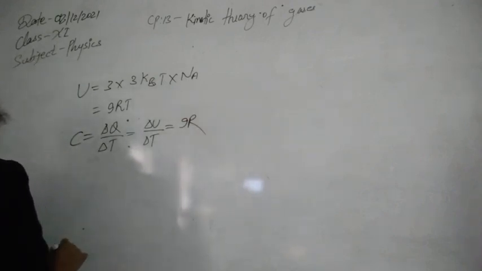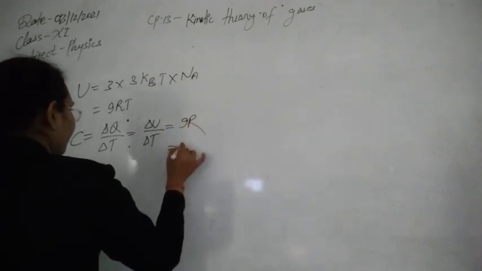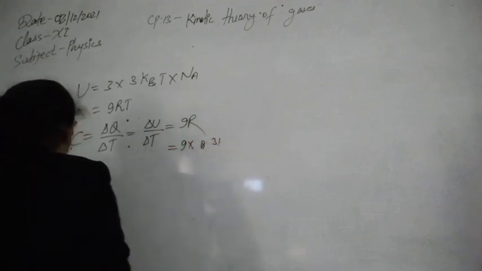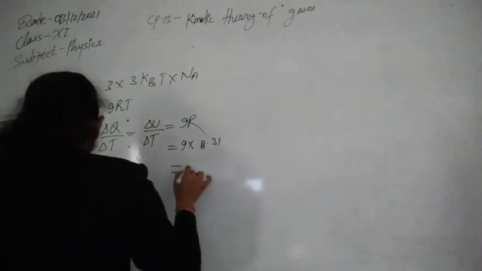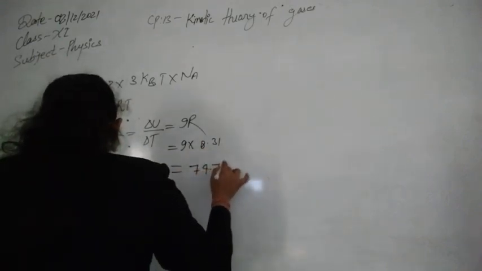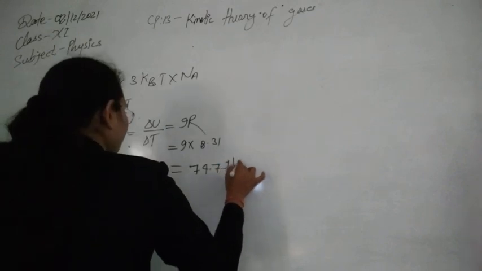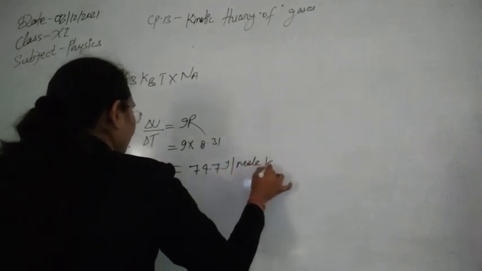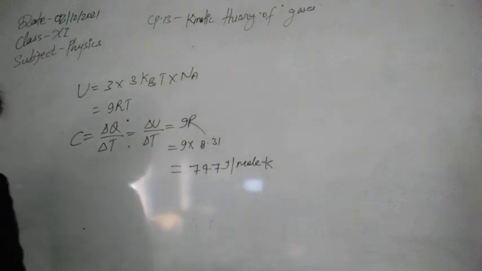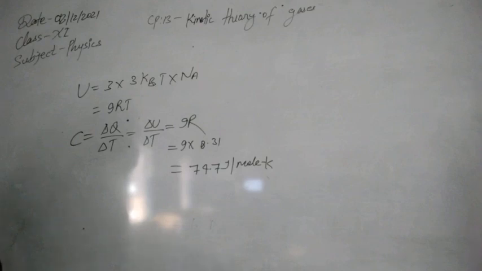Now you can also put the value of R. R has value 8.31 joule per mole per Kelvin. If you solve this, its value is obtained as 74.7 joule per mole per Kelvin. So this is the specific heat of water that can be easily calculated here.